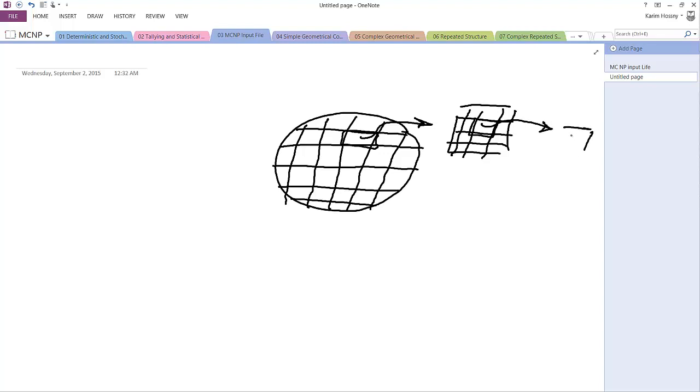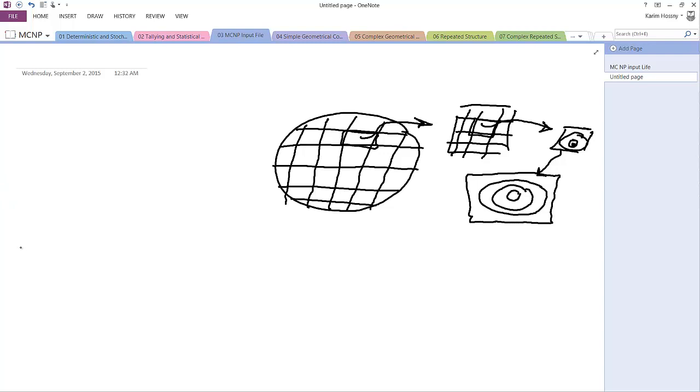That's what we call a cell. But this is a complex cell. Therefore, we have to make a cell for the fuel, a cell for the gap, a cell for the clad, and then a cell including all of this.